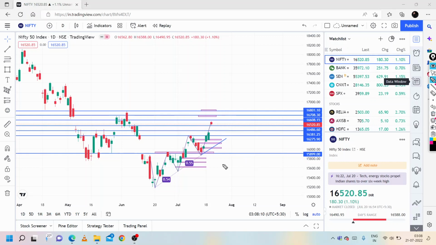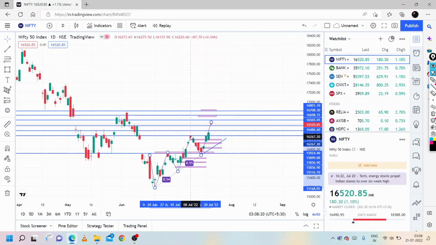Now if you see, I have made this pattern. See, I have connected the tops, and every time you see the bottom is having 0.54 to 0.56 as an average.